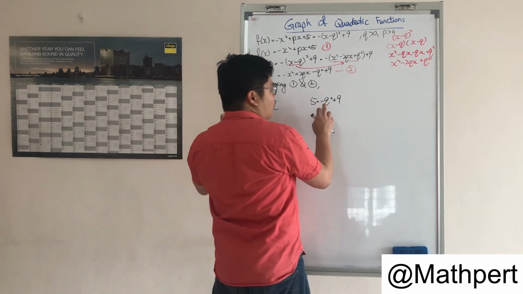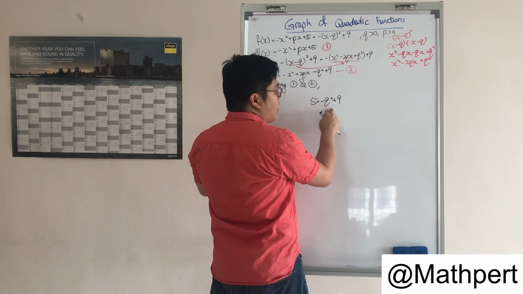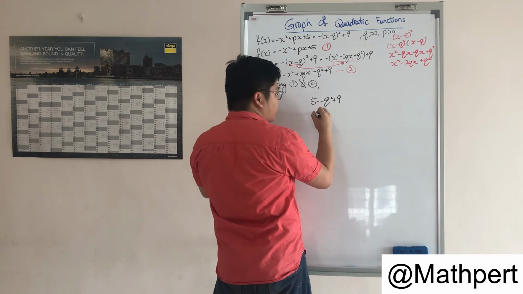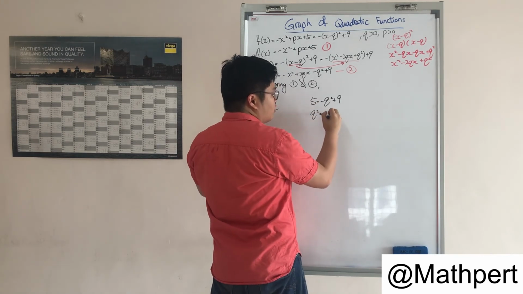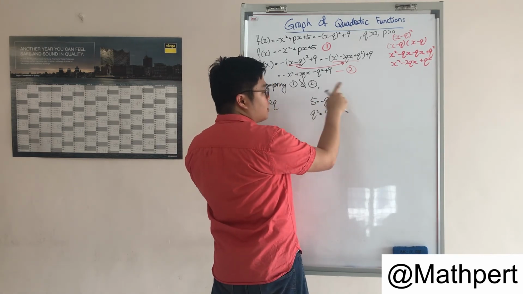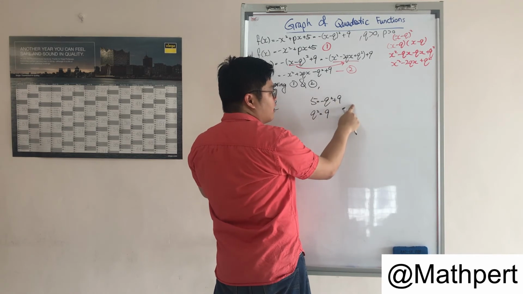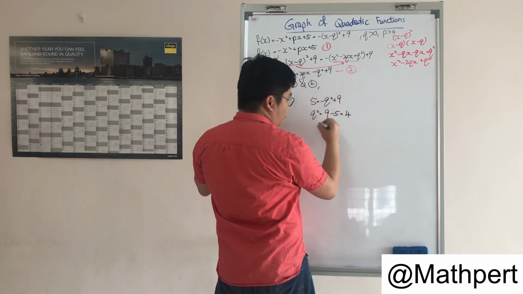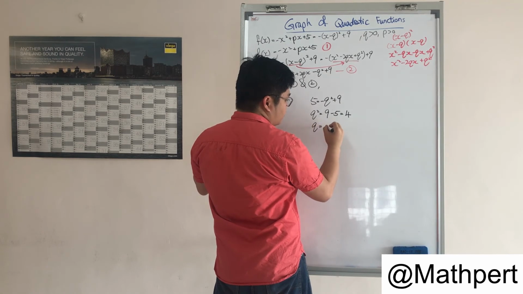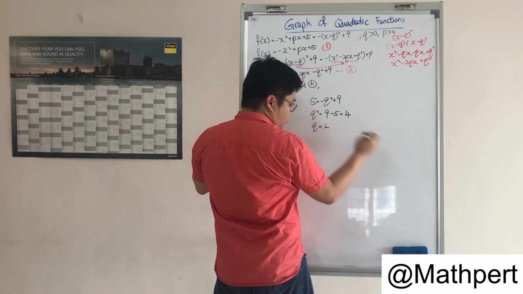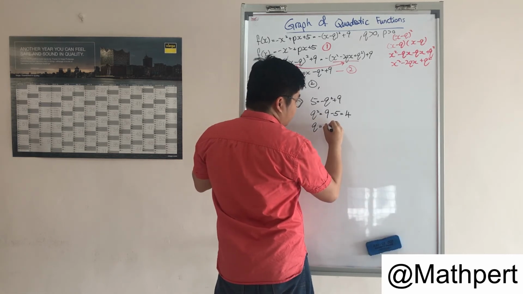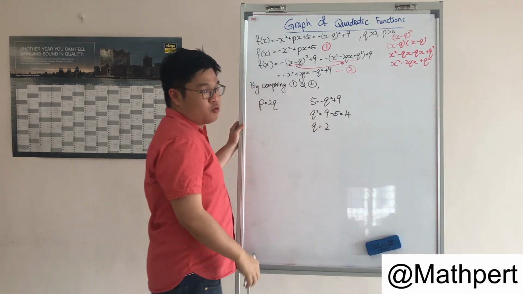So 5 equals negative q squared plus 9. Move q to the left hand side, we get q squared equals 9, and the 5 move to the right hand side, we get negative 5. We get 4. And q equals square root 4, we get plus minus 2.